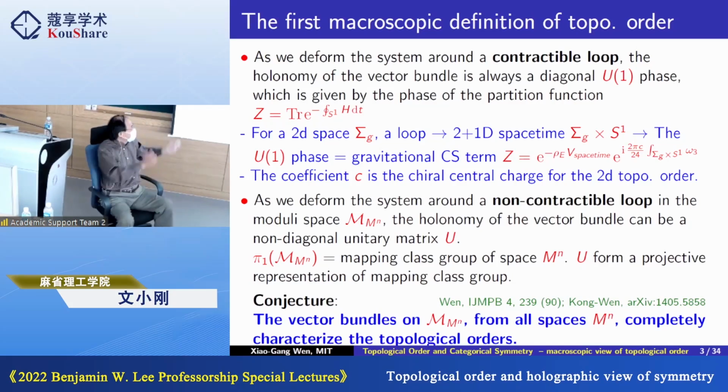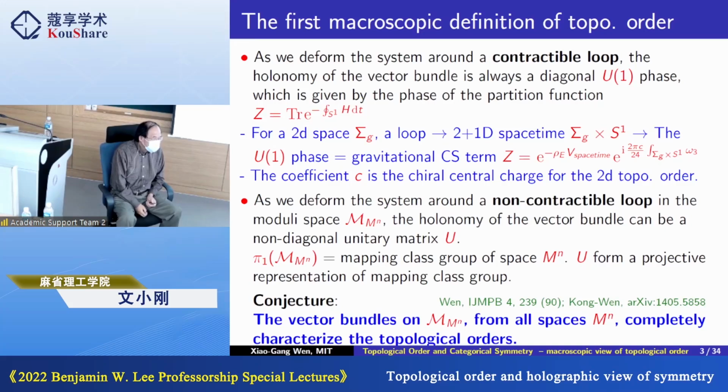Why is that? There's some argument, so maybe let me not explain it here. It's a gravitational Chern-Simons term, and this coefficient is called the chiral central charge. The omega 3 is not the U1 Chern-Simons; it's a gravitational Chern-Simons term. Its normalization is such that d omega 3 is a Pontryagin class.